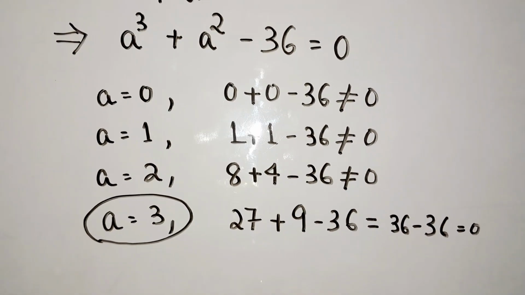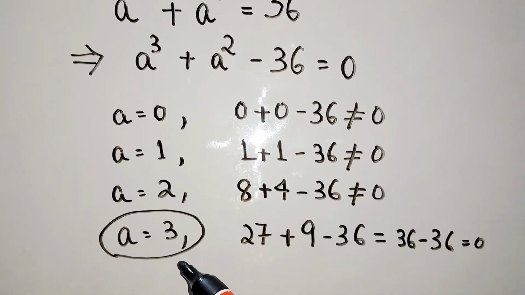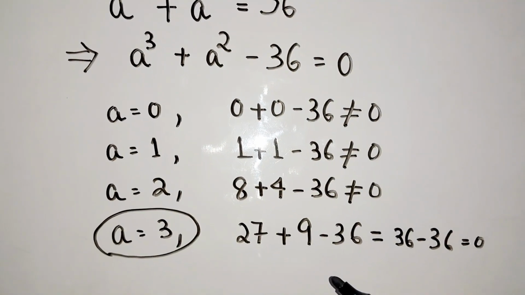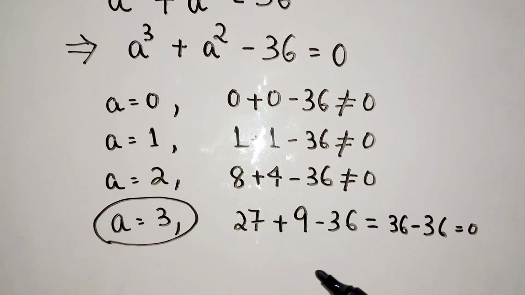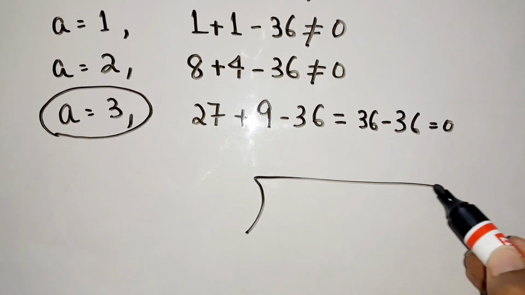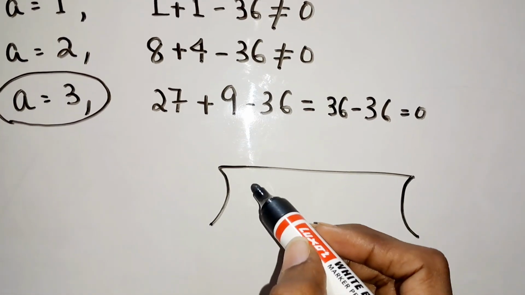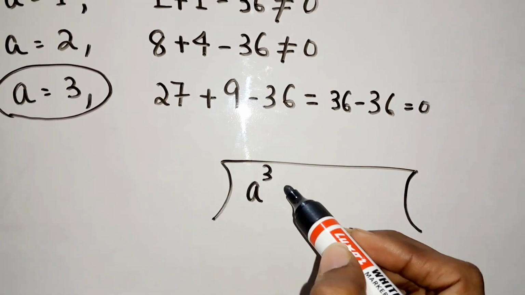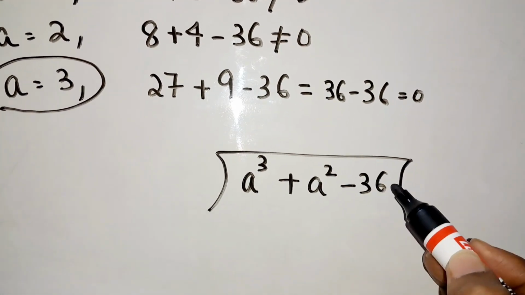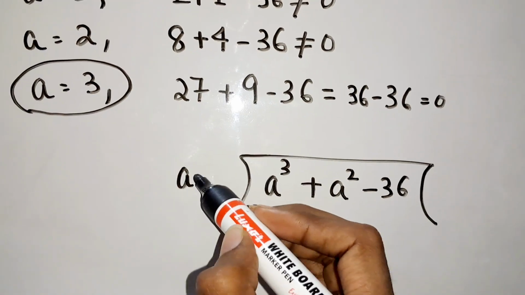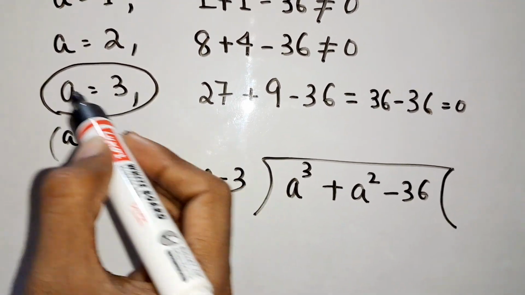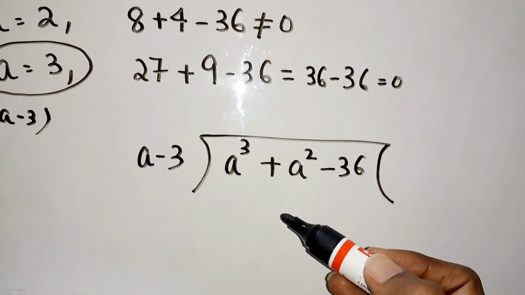So if we factorize this polynomial with a minus 3, we can get one more factor. That is one method. How can we do it? We write the polynomial a cube plus a square minus 36, and a equals 3 means a minus 3 is one factor.